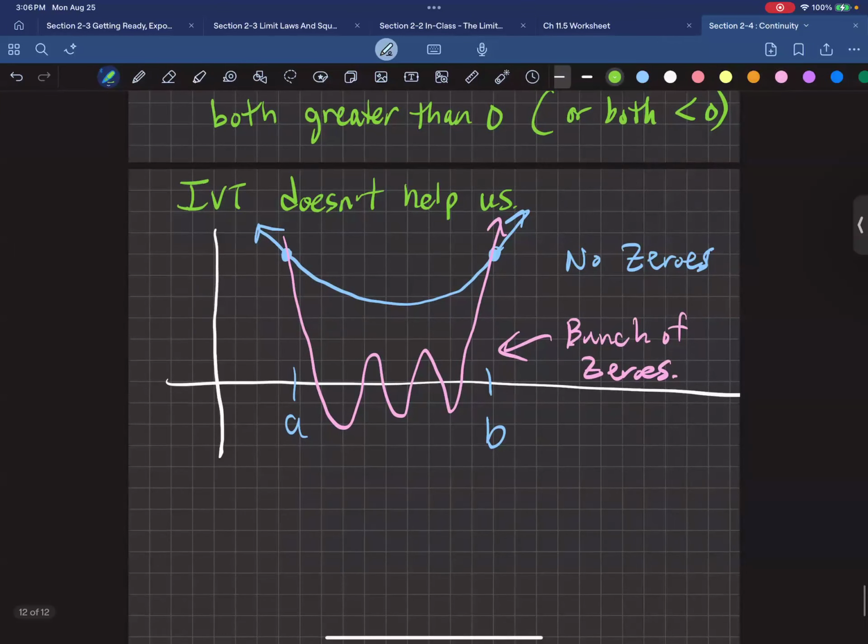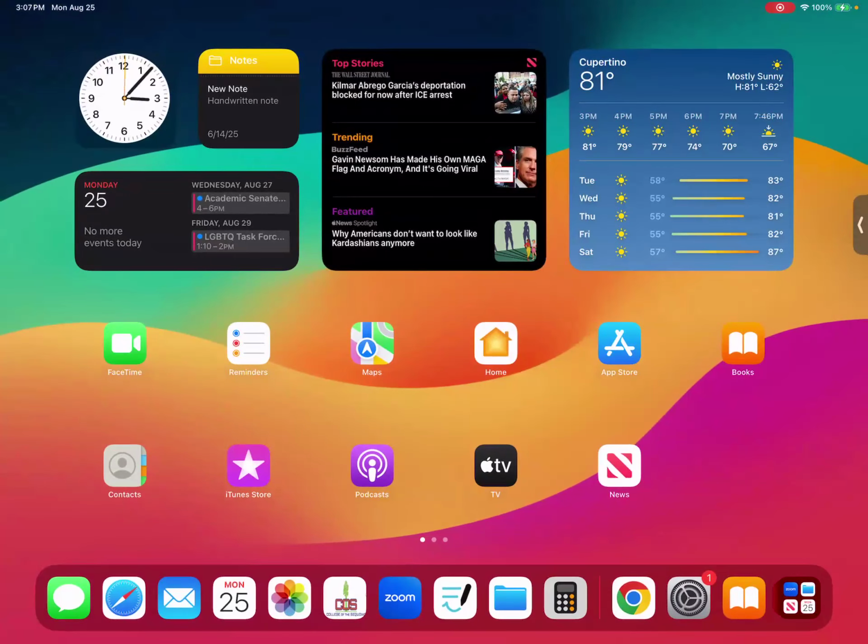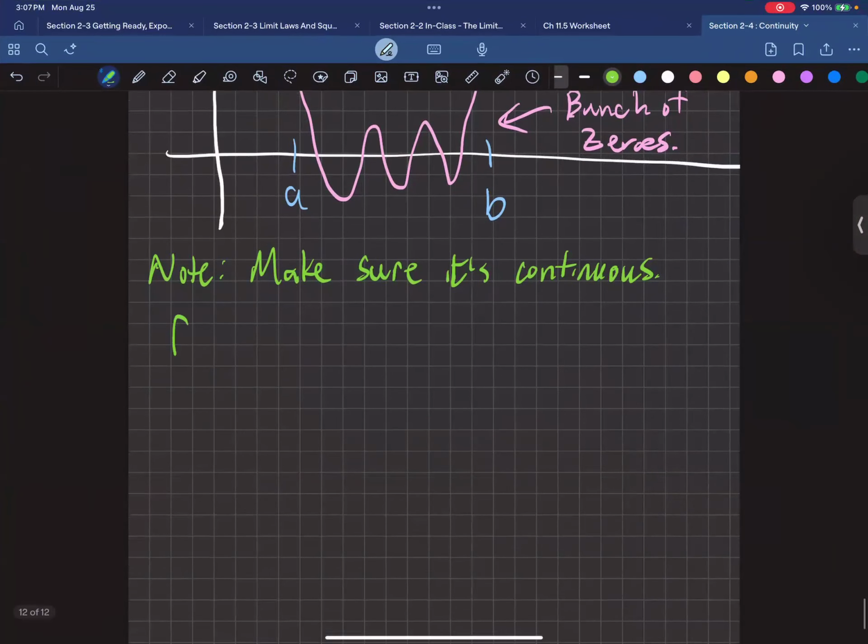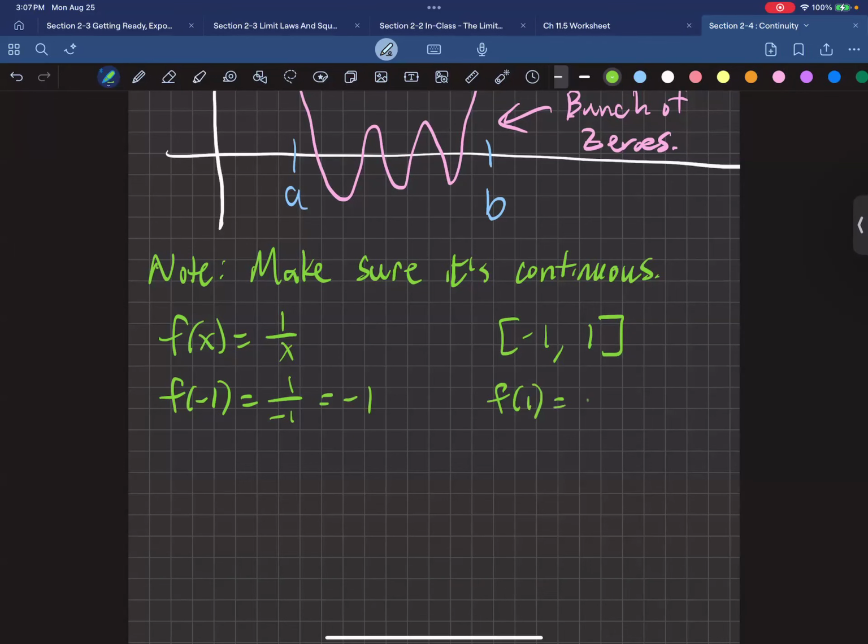And the other thing to note is make sure it's continuous. So like if f of x equals 1 over x, and we're looking at -1 to 1, f of -1 equals 1 over -1, which equals -1. f of 1 equals 1 over 1, which equals 1.